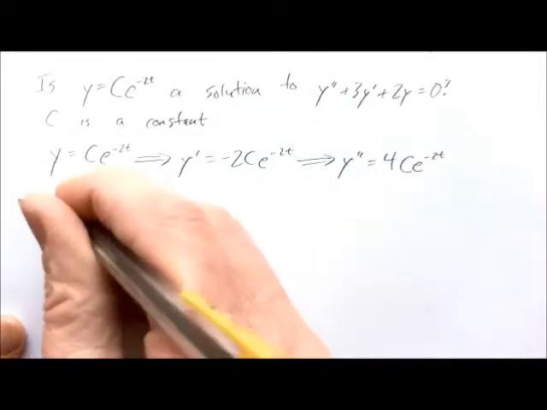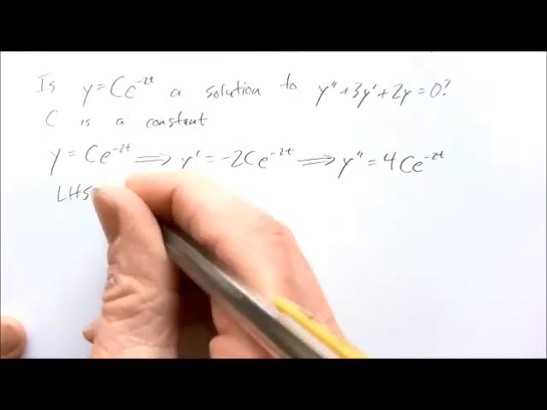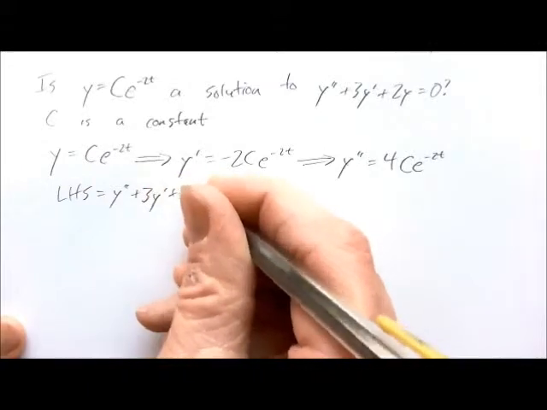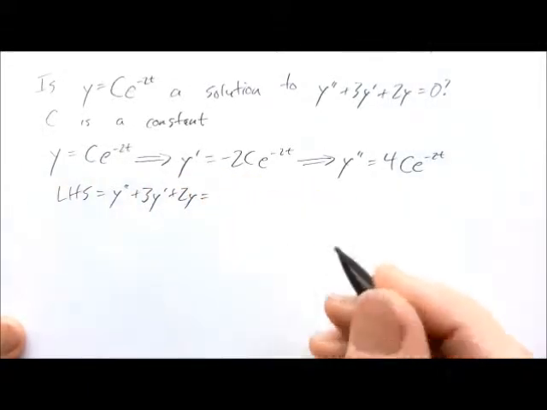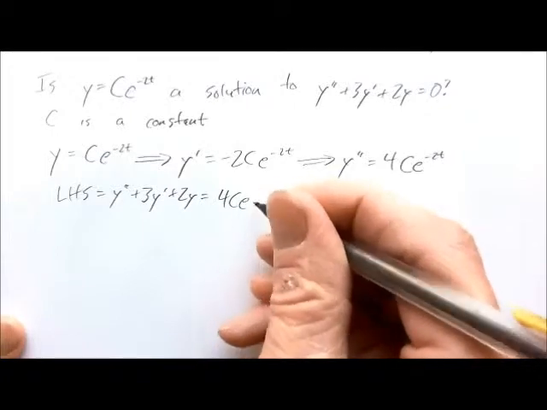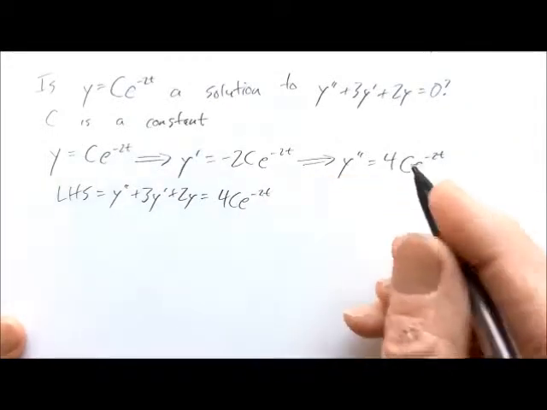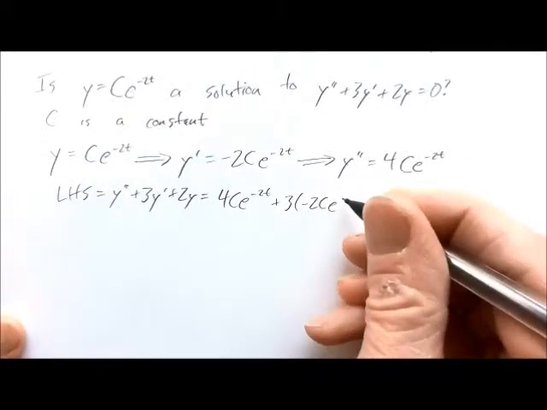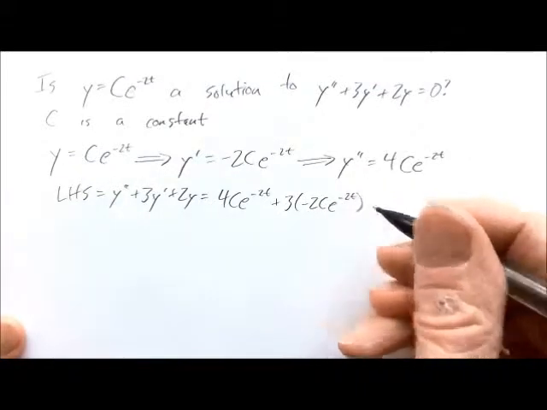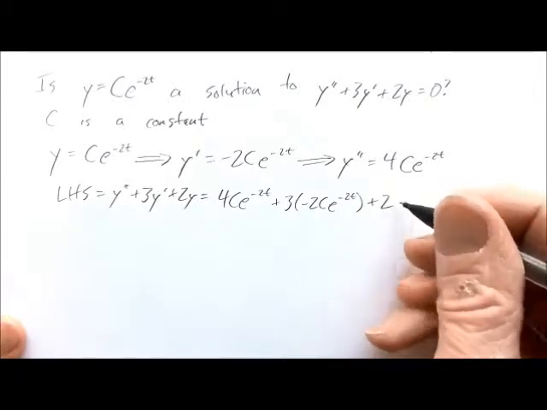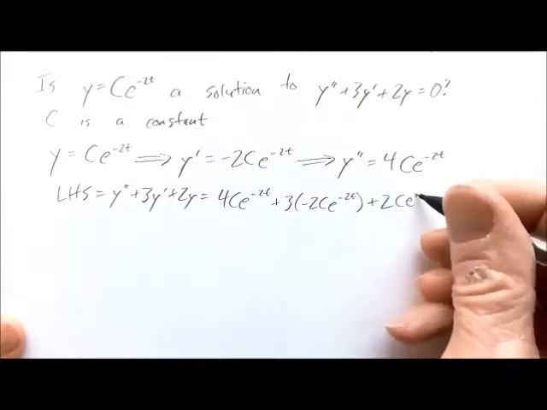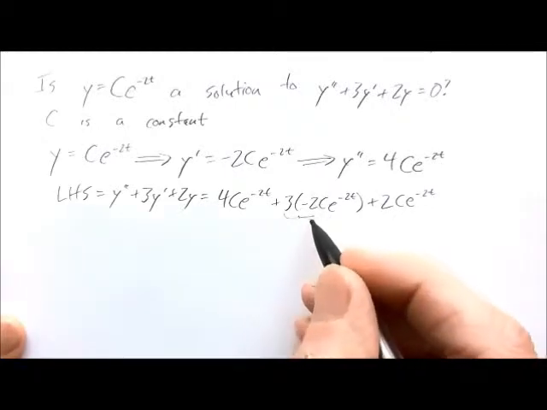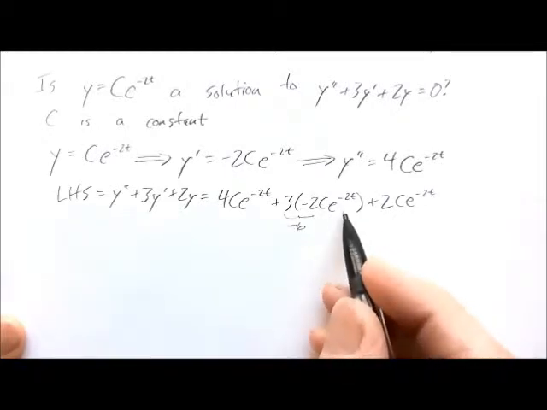So using those, the left-hand side, which is y double prime plus 3y prime plus 2y, is going to be equal to 4 c e to the minus 2t plus 3 times negative 2 c e to the minus 2t plus 2 c e to the minus 2t.